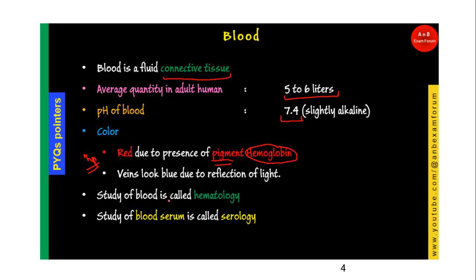The study of blood is called hematology. Whenever you see the word hema or hemo, these are related to blood. And the study of blood serum is called serology. So these are the two studies associated with blood.